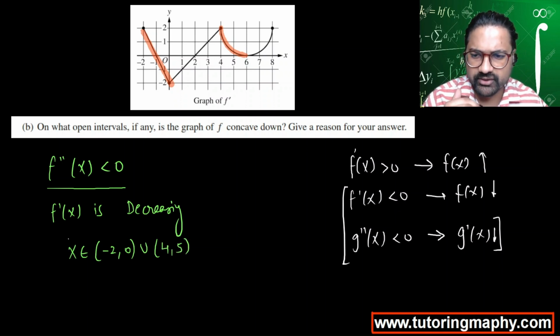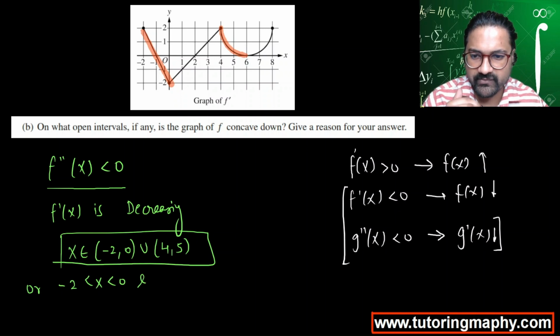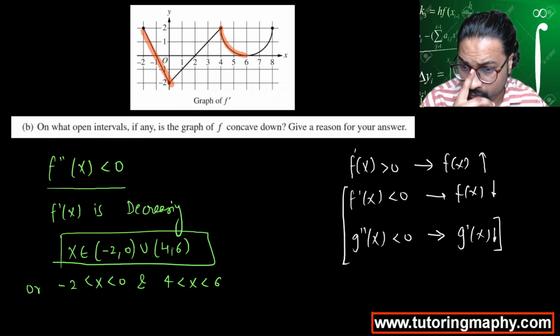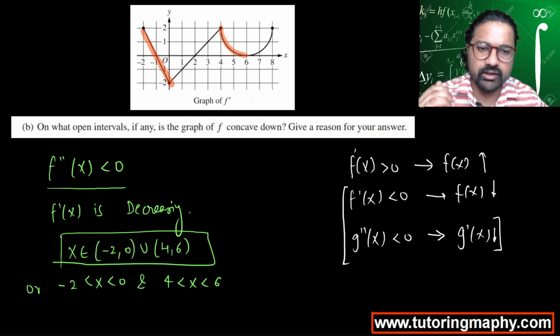If you don't like the union way of writing it, you can write it in the inequality form, it's -2 to 0 and 4 to 5. Sorry, 4 to 6. Oops, I wrote 5 over here. There should be 6. 4 to 6. All right, makes sense. Excellent.